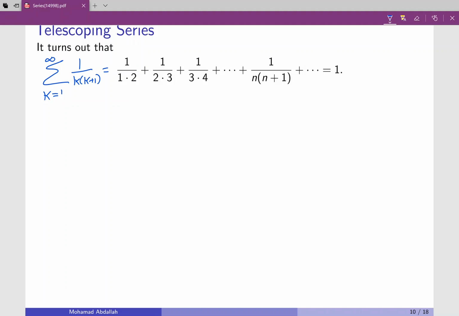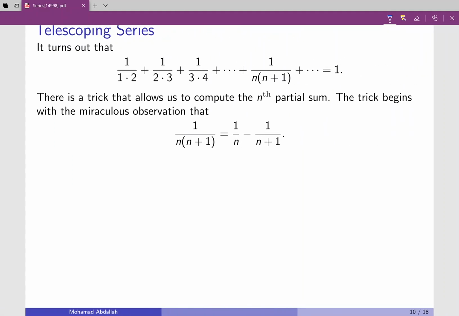That's an infinite sum, and it's not geometric at all. But how can we find that this is equal to 1? Well, here's the trick. We use partial fractions. If you use partial fractions, you can see that 1 over n times n plus 1 can be written as 1 over n minus 1 over n plus 1.